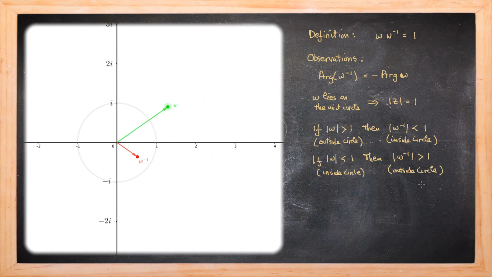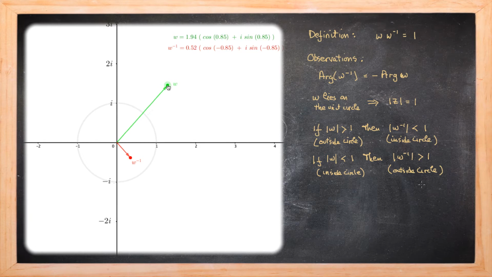So finally, let's have a look at the polar forms of these complex numbers. And there you can see very clearly that the argument of the reciprocal of w is the negative of the argument of w.